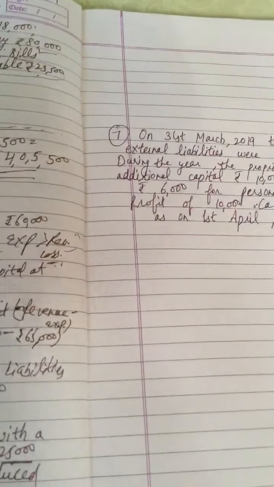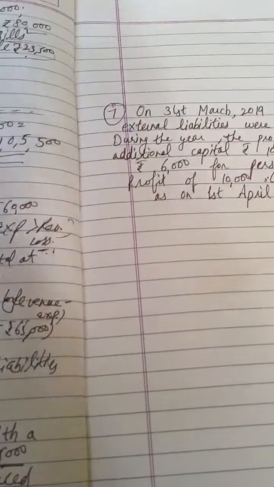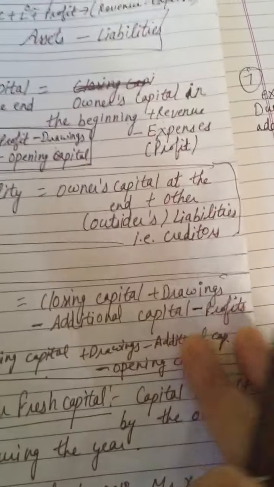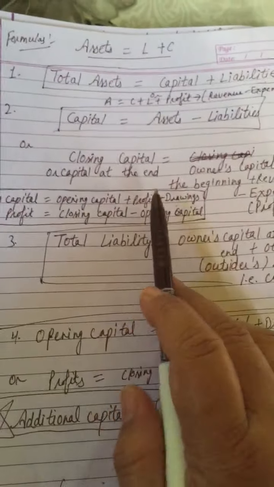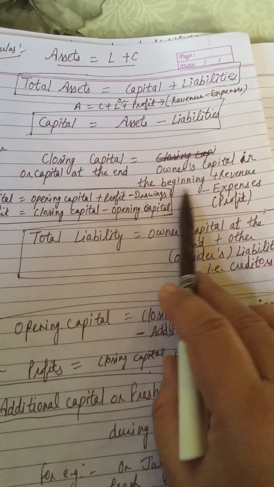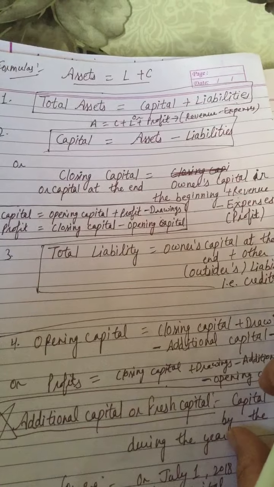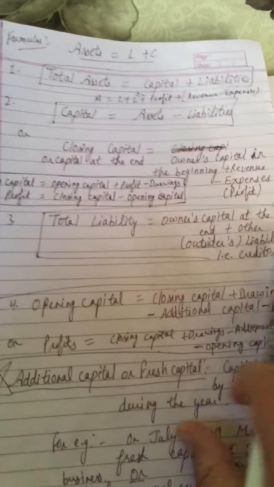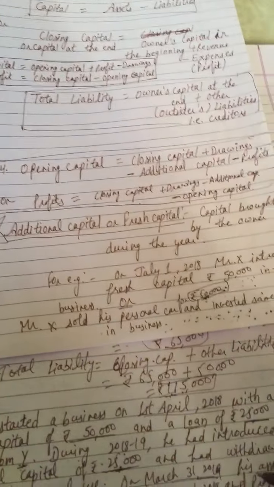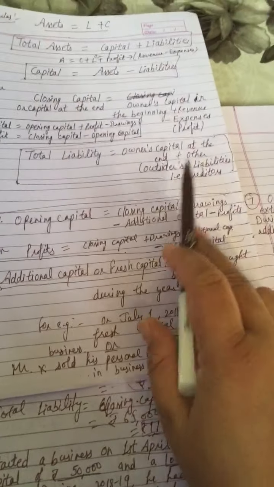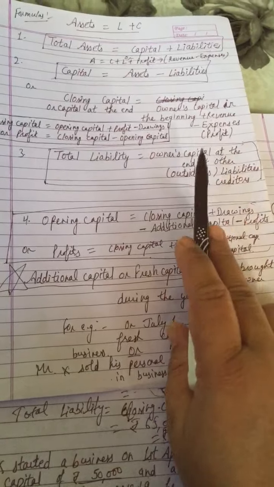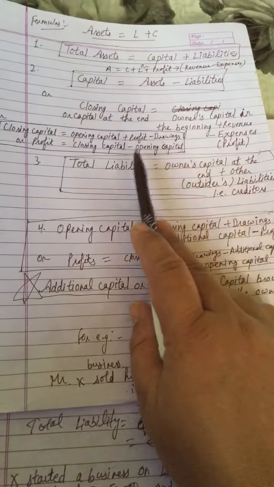Okay, so we have to calculate closing capital and profit. The formula of closing capital is owner's capital in the beginning plus revenue, and in this question revenue and expenses are not given, so we cannot use this formula.